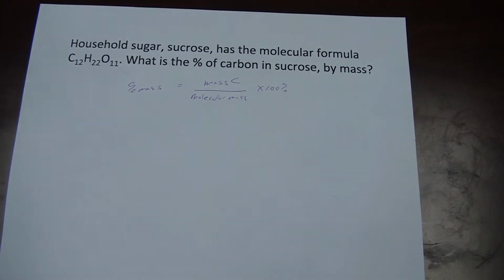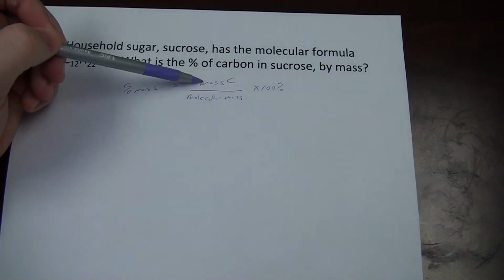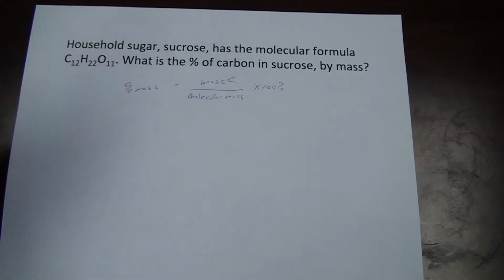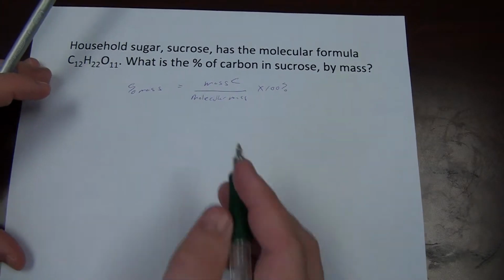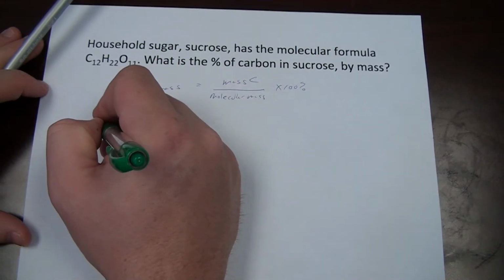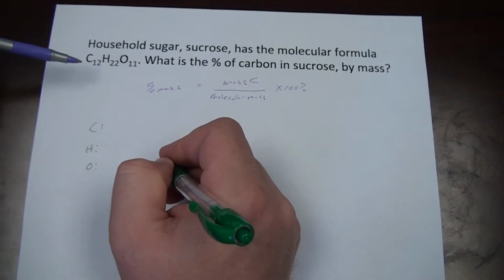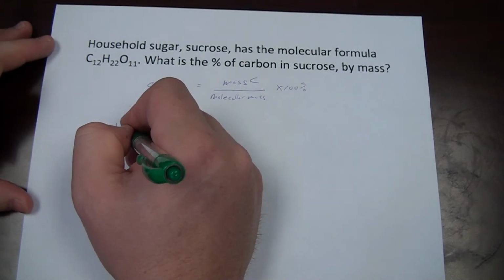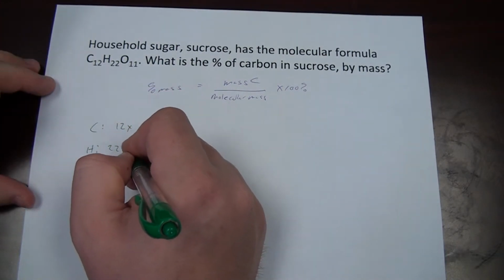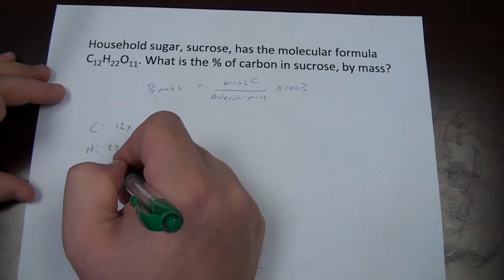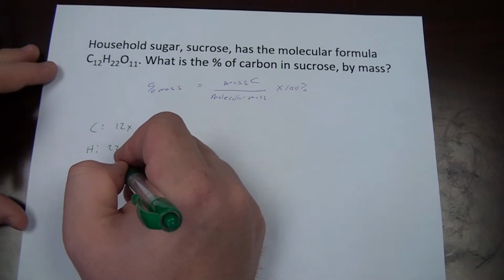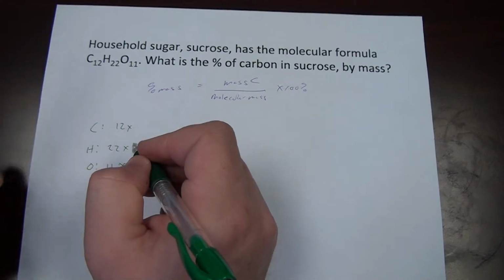So we have to not only figure out the total mass of carbon that's present, but also the molecular mass. So we're going to break this down again. Carbon, hydrogen, oxygen. There are 12 carbons present, 22 hydrogens, and 11 oxygens.